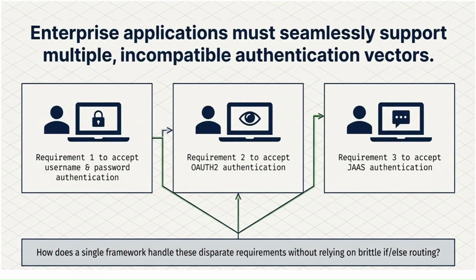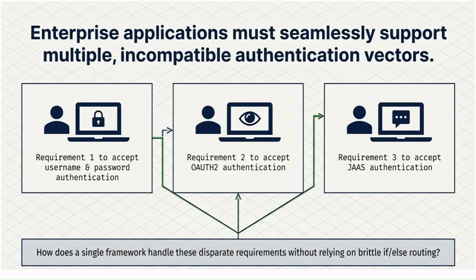The second requirement is to accept OAuth 2 based authentication, a modern approach for external facing applications. So they want to allow authentication with the help of the OAuth 2 framework. OAuth 2 is a standard which we are going to discuss in the upcoming lectures.